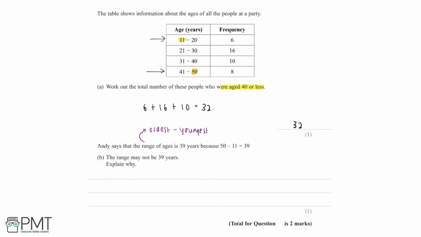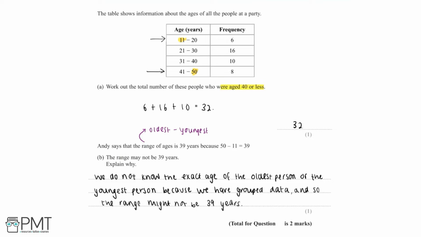The youngest person could be 18. And so our answer to part B is that the range might not be 39 years, because we do not know the exact age of the oldest or the youngest, because we have grouped data. And so we've now correctly answered part B and said that the range might not be 39 years, because we don't know the exact age of the oldest person or the youngest person.